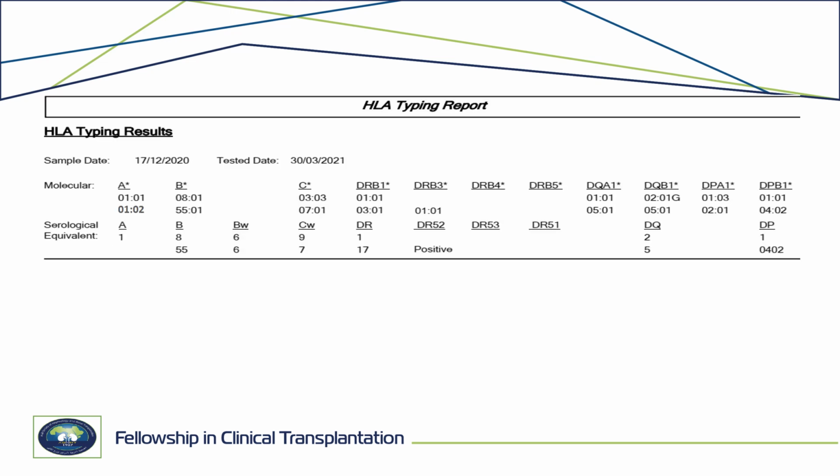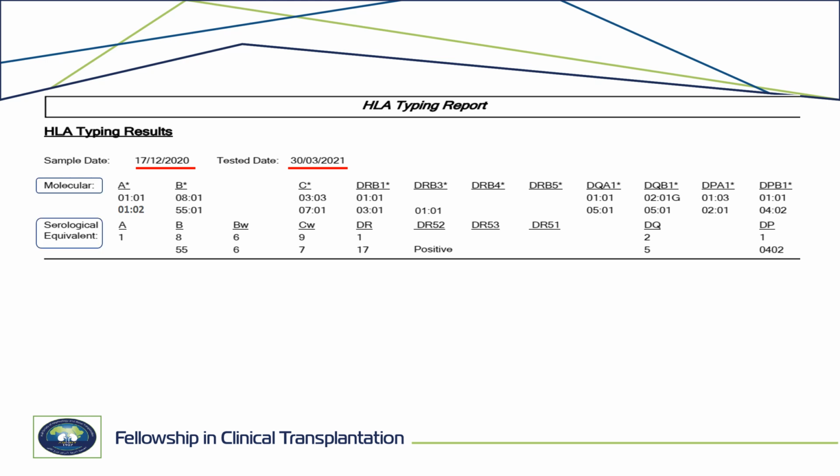Okay, so this is an example of the HLA typing report that you will see in the clinic. Usually you will see something called the sample date and the tested date. The sample date means when the lab received the sample. The tested date is when the test was done.